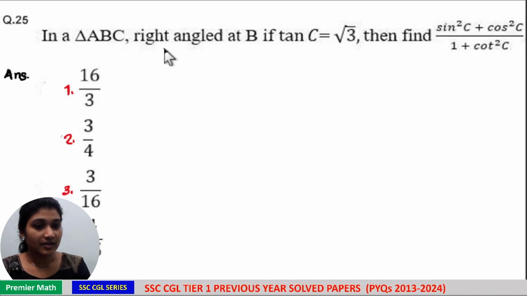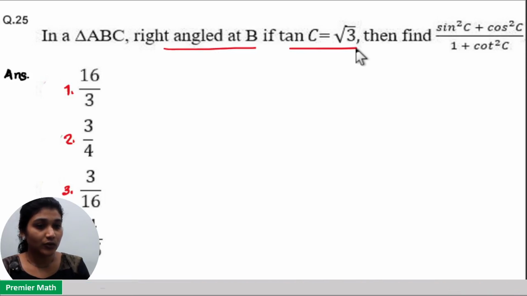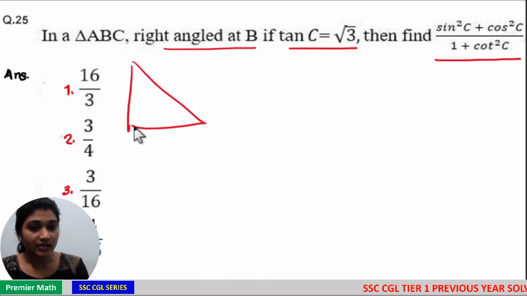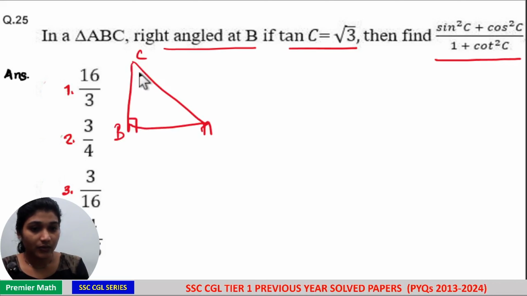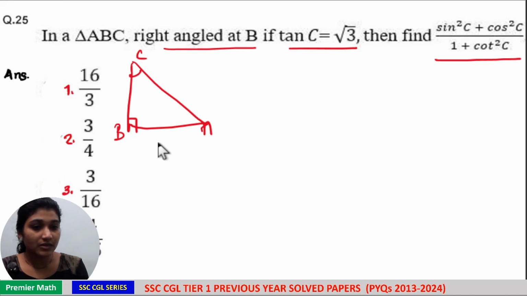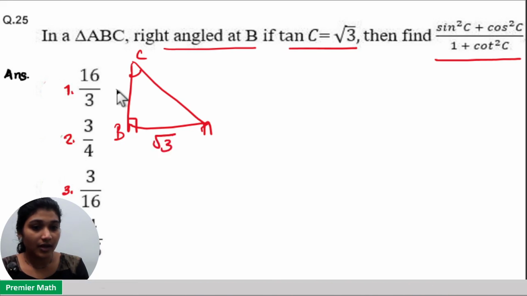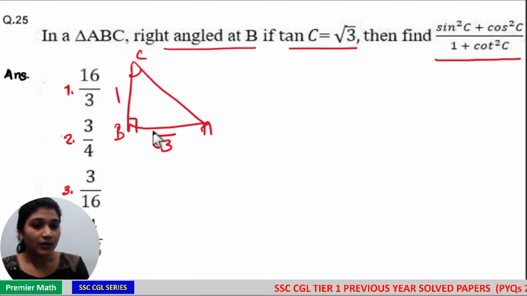In triangle ABC, right angle at B, if tan C equal to root 3, find sin square C plus cos square C divided by 1 plus cot square C. So draw a right angle triangle, right angle at B. Now, tan C is equal to root 3 means opposite side by adjacent side are in the ratio root 3 is to 1. Then hypotenuse is equal to root of root 3 square plus 1 square, which is equal to root of 3 plus 1.